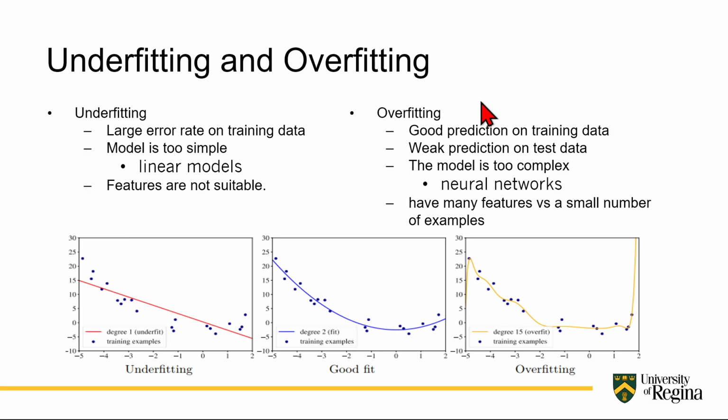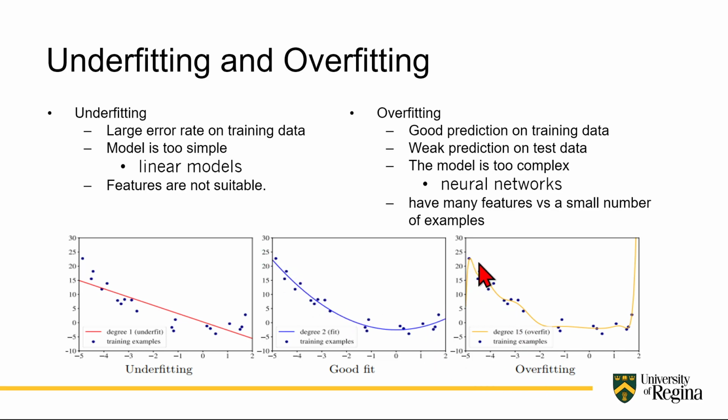Another phenomenon that could happen is overfitting. In overfitting, you have a very good prediction on the training data, but you have weak prediction on the test data. The reason might be that the model is too complex. You can see here that in underfitting, we don't have a perfect fit for the training examples. A good fit is a line that goes through the examples.